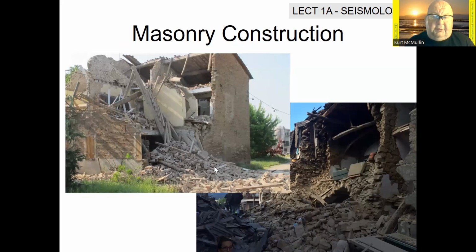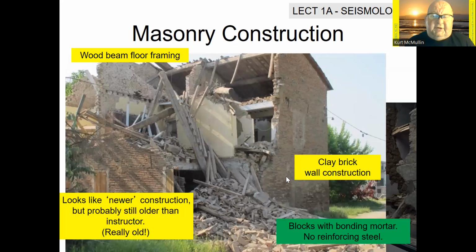That can be compared to masonry construction made of clay bricks for the walls, with wood beams and floor framing. This building looks like newer construction, but it's probably still older than me, so it certainly is far from modern. But these are masonry blocks with bonding mortar, though it doesn't look like there's any reinforcing steel installed in these walls.